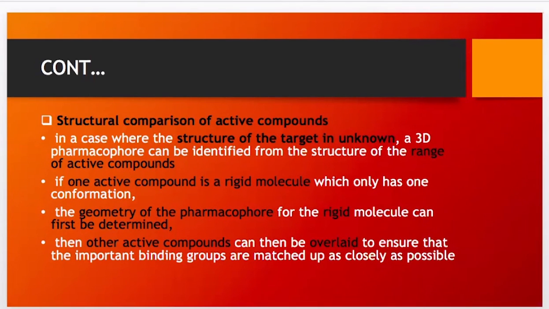An example would be the same beta-1 antagonists, or blockers. Amongst these compounds, you may have one compound which is a rigid molecule. By rigid, we mean that the molecule only has one conformation, meaning it cannot be put in different conformations. So you need to take note of that.